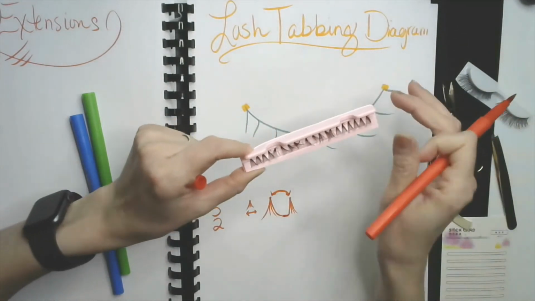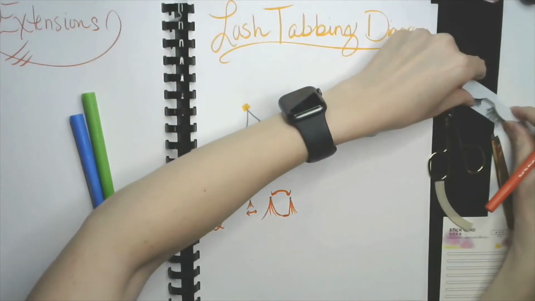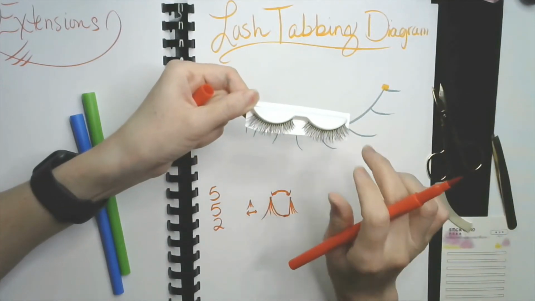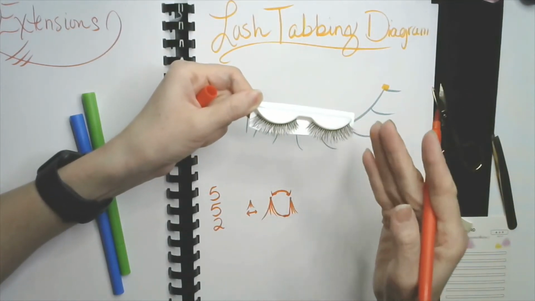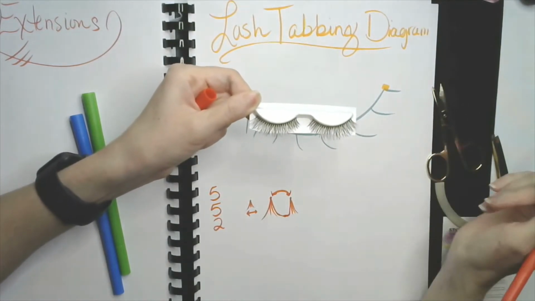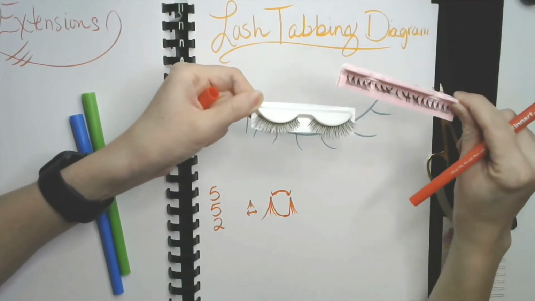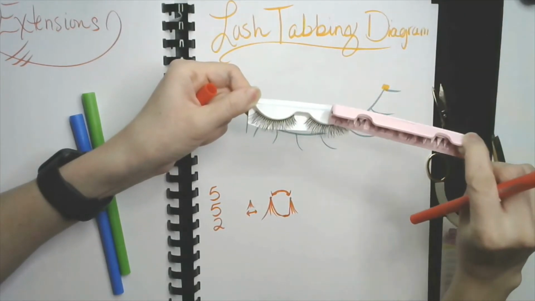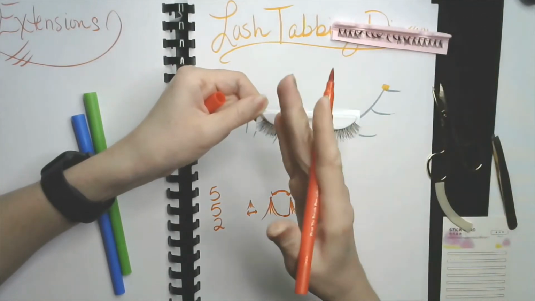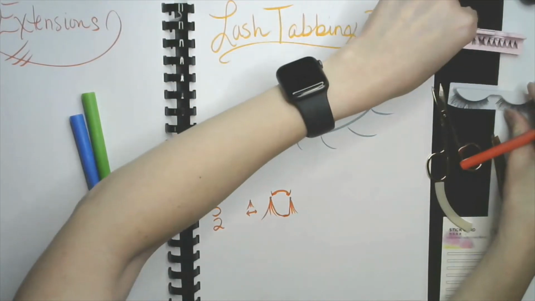If not, you would use 20 on one single strip. This particular lash here has 22 individual little lash clusters, so you would need literally 1 of these per eye. But since you only have 1, we're going to do half and half on Wednesday.